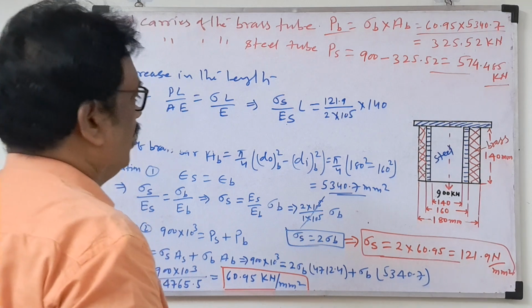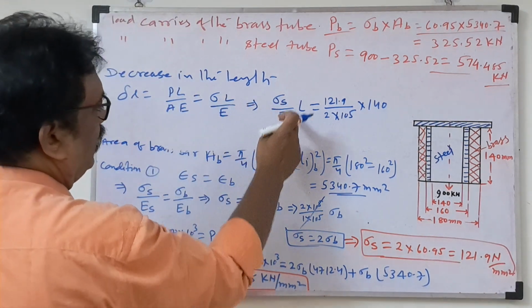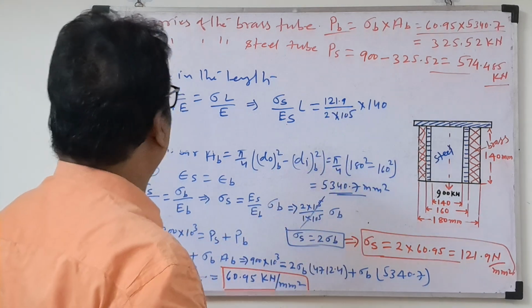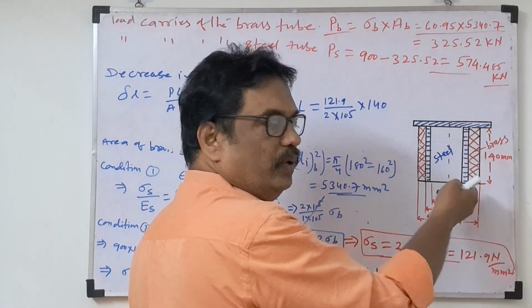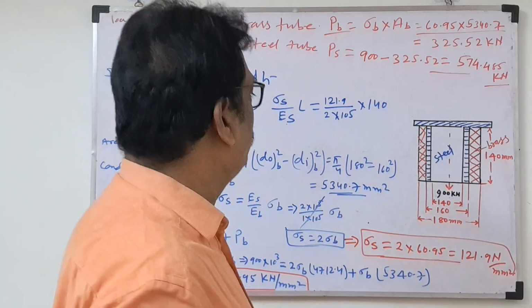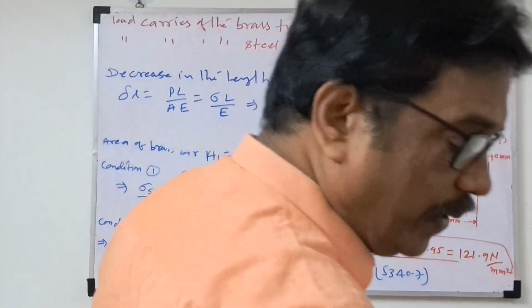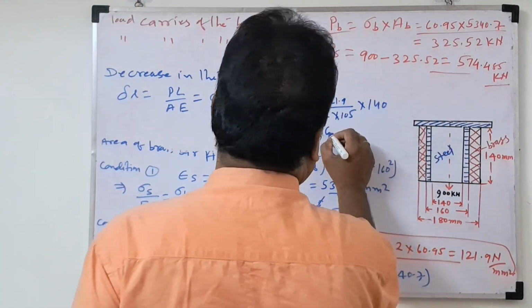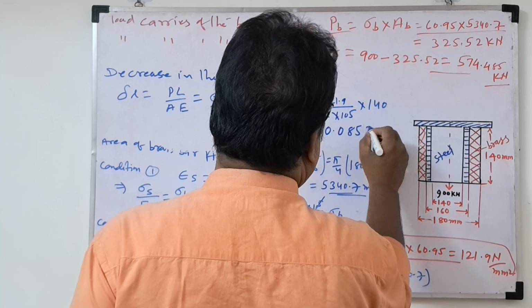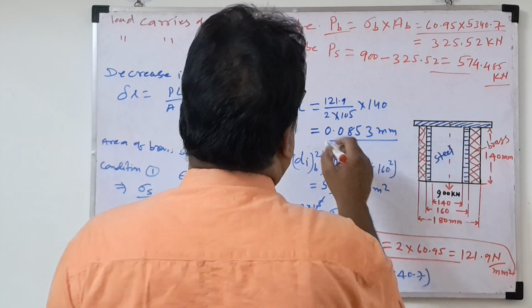If you use sigma B by E_B into L, the same answer will come, because this is a compound bar and the decrease in length is the same for steel and brass. This value comes to 0.0853 mm.